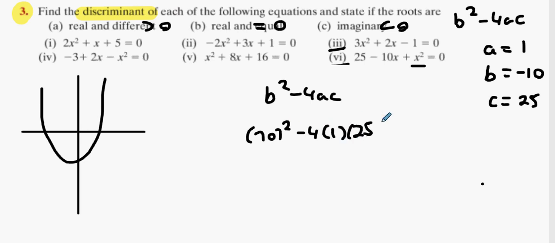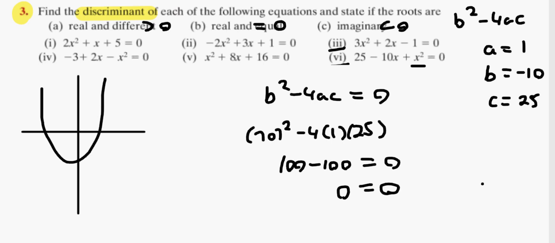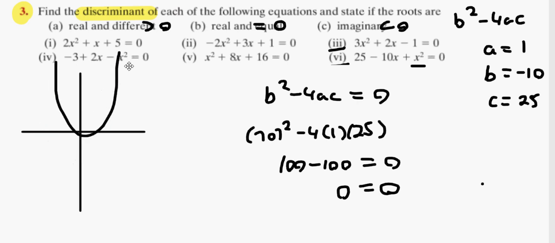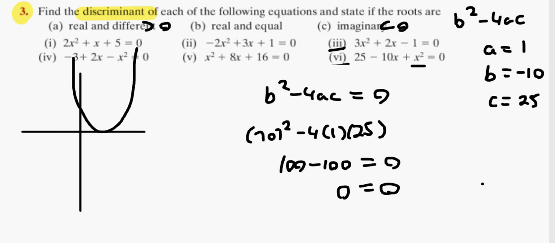What happens this time? 100 take away 100 is? So b squared minus 4ac equals 0, doesn't it? So what does that mean for my graph? 2 equal real roots. Is that okay? 2 real and equal roots.